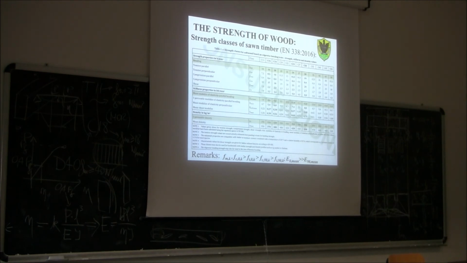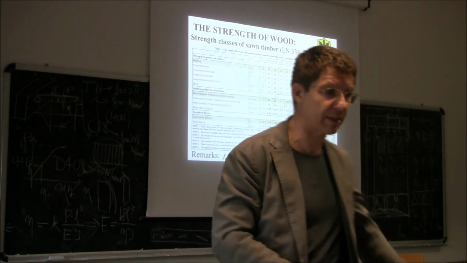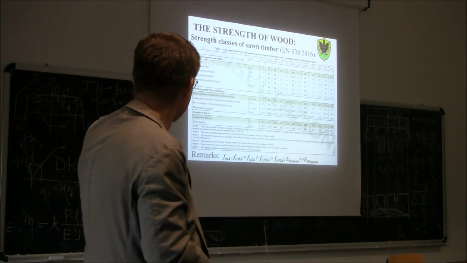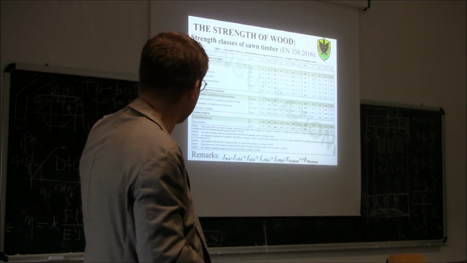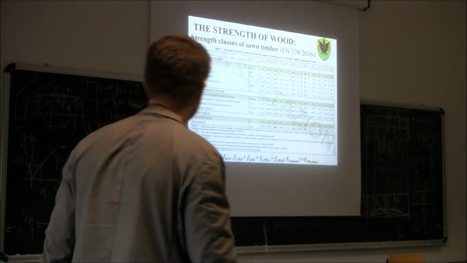So the characteristic value is needed when we do the design for buckling, because in this case we won't find the strength in the formula, we will find the modulus of elasticity. Then you see we have a modulus of elasticity perpendicular to the grain and the mean shear modulus. Mean shear modulus will be used to calculate the deflection.